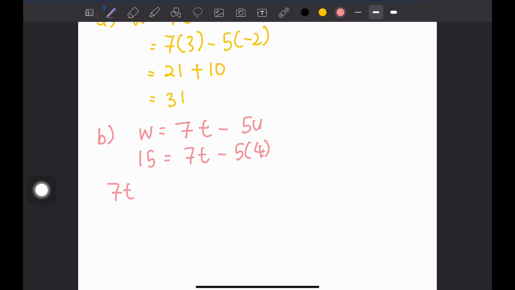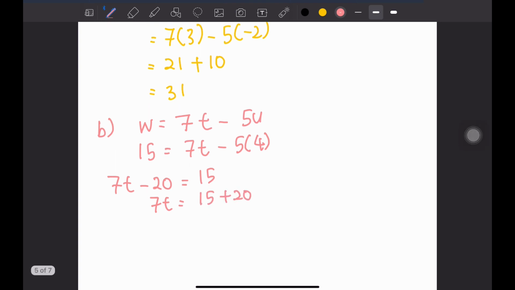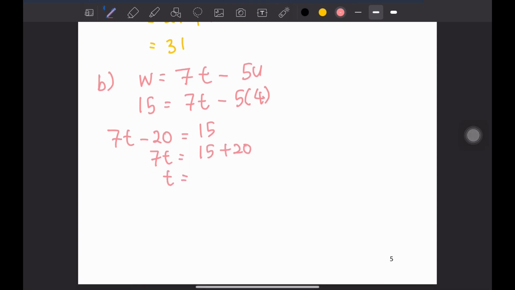So we have 7T minus 20 equals 15. Negative 20, you move to the other side, will be plus. So 7T is equal to 15 plus 20. And T is equal to 15 plus 20 divided by 7. So 35 over 7 is equal to 5. Okay, clear?